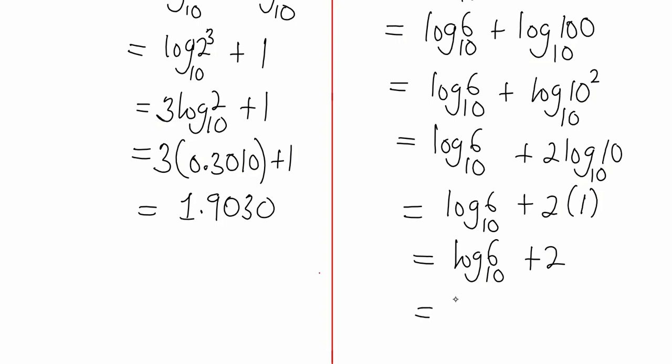It is 0.7782, and then we have our plus 2. And when we add these two numbers, our final answer now becomes 2.7782. And this becomes the solution to our question.